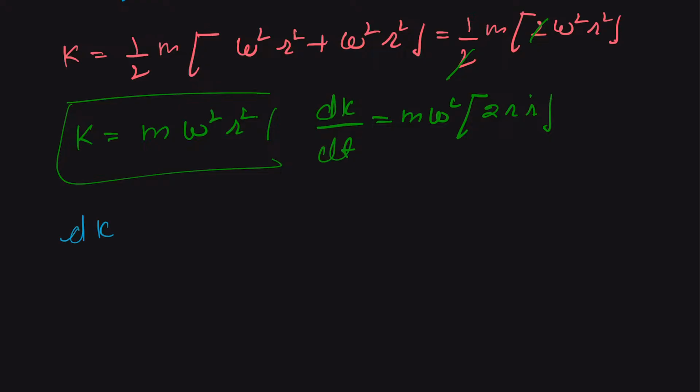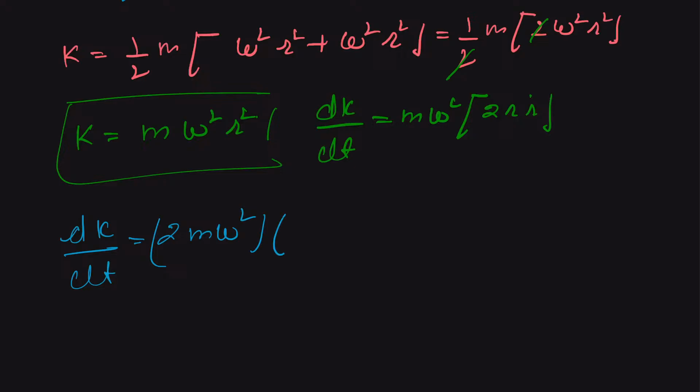So the derivative of kinetic energy with respect to time will be giving us twice m omega square, and we are left with r and r dot.